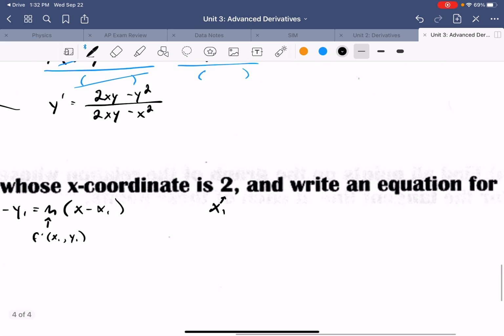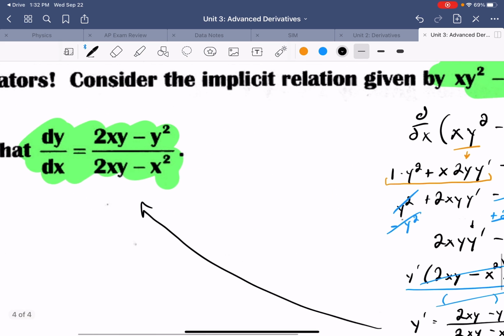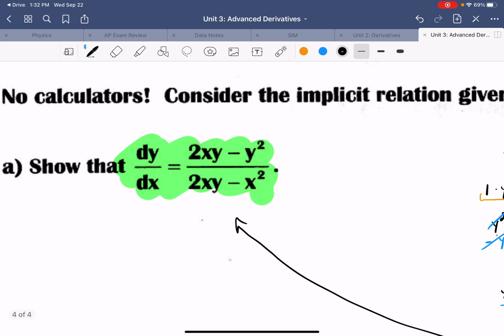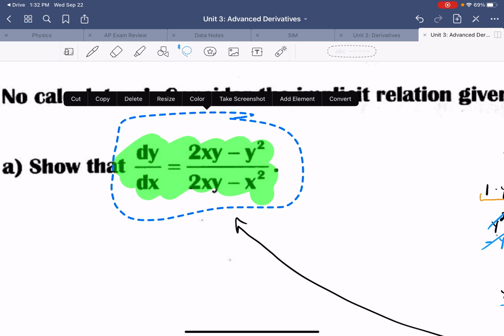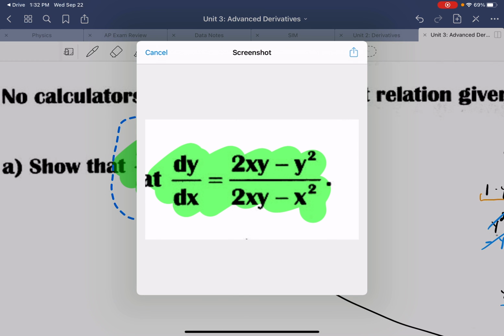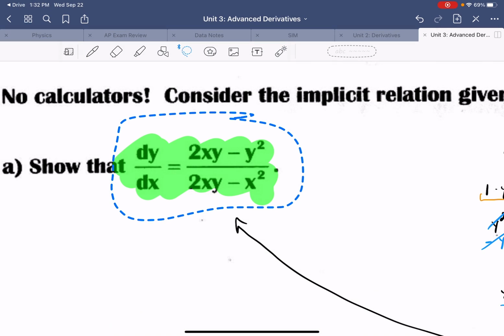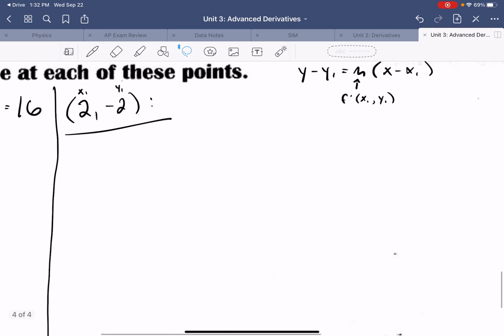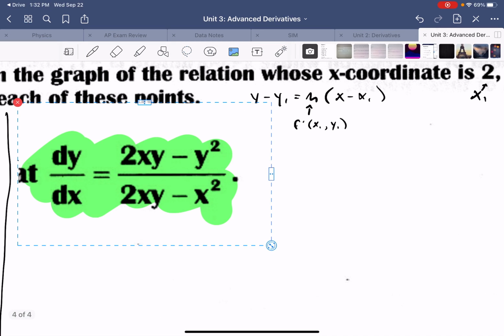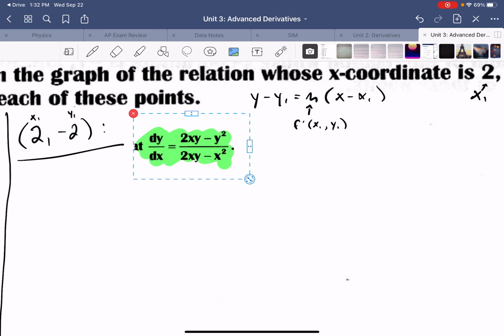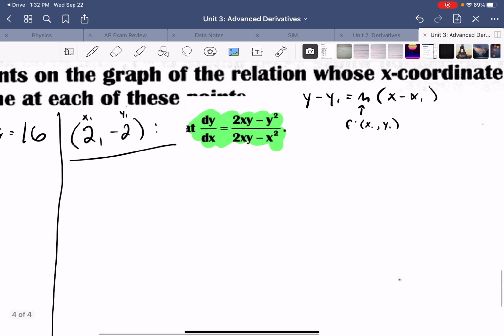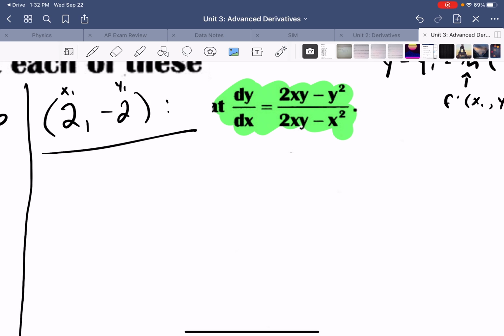Well, f prime was this equation right here. So let's take a screenshot of that. So there's my dy/dx.